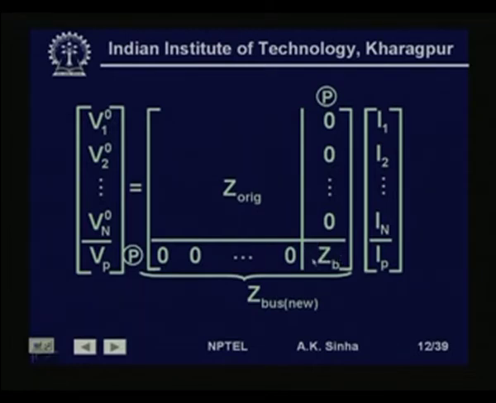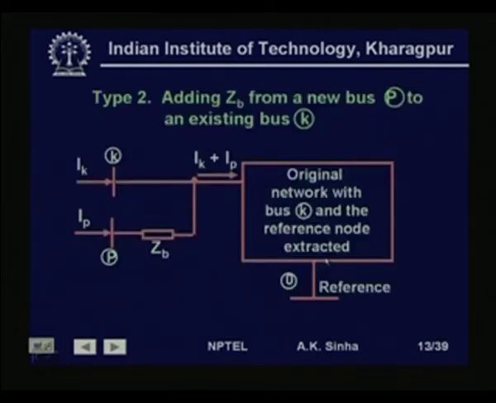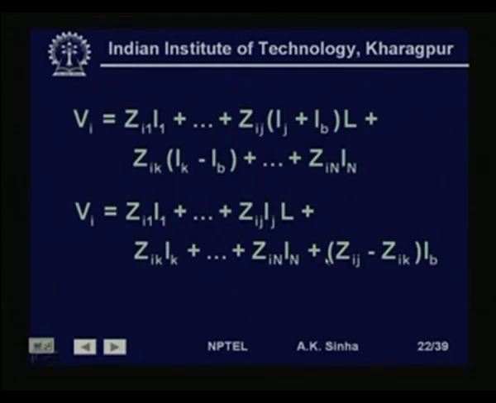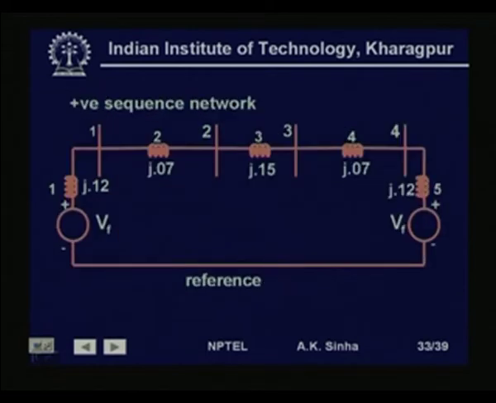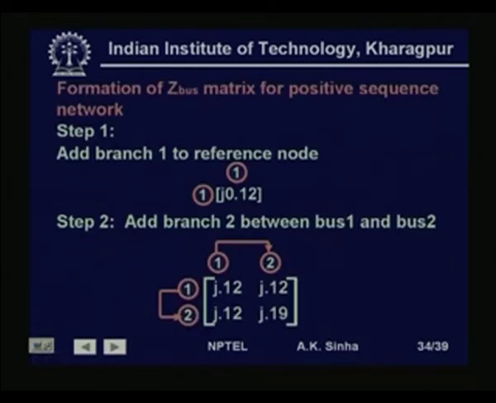So, we have only this ZB coming into the picture. So, first is j0.12, which is the impedance of the ZB matrix.